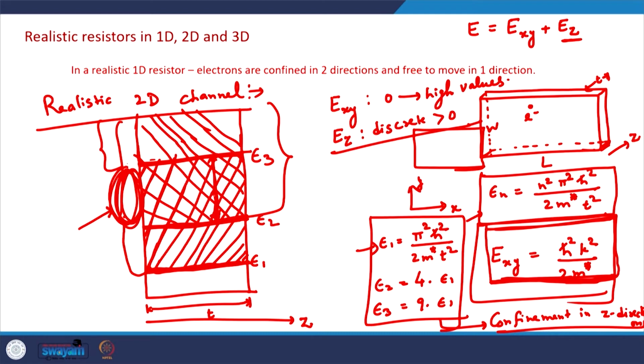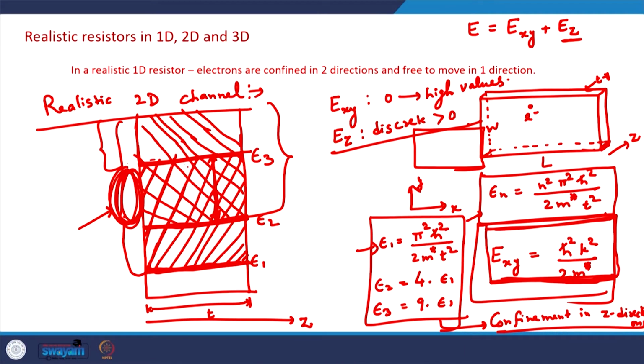These are two different allowed configurations for electrons, and this leads to a sort of degeneracy in the system. Because now there are two types of electrons that can take this energy in this range, and these are known as overlapping subbands.